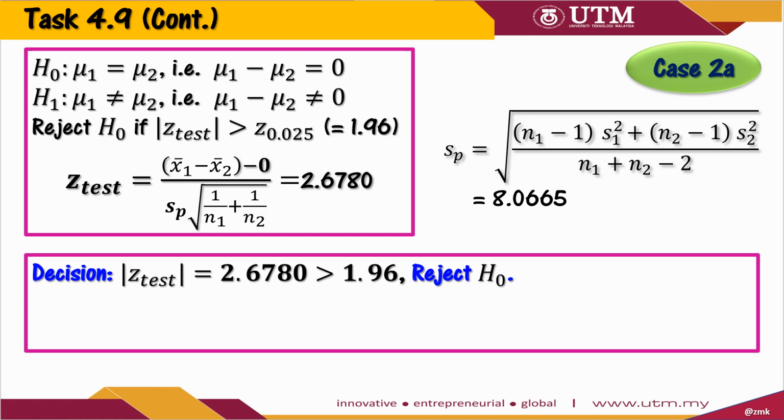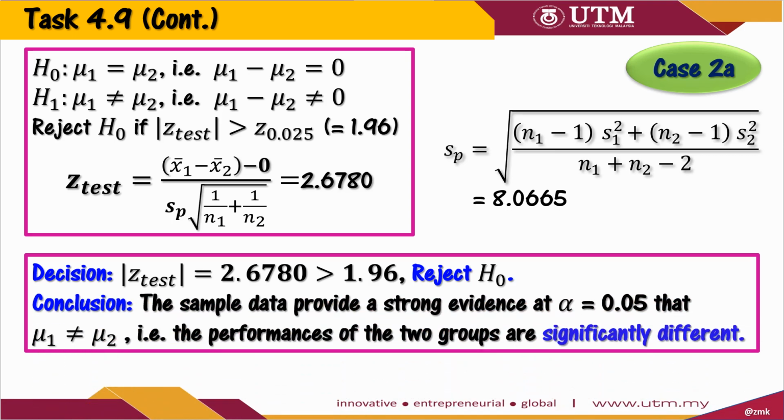Hence, we can decide to reject H0 and conclude that the sample data provide a strong evidence at 5% level of significance, or alpha equal to 0.05, that mu1 is significantly different from mu2, which implies that the performances of the two groups of engineers are evidently or significantly different.